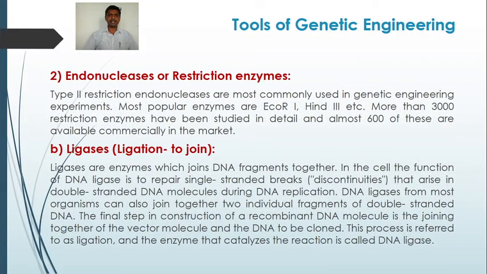Type 2 restriction endonucleases are most commonly used in genetic engineering experiments. Of the three types of restriction endonucleases, type 2 are the most commonly used.